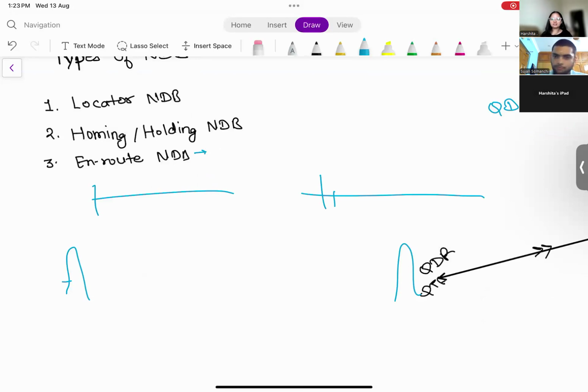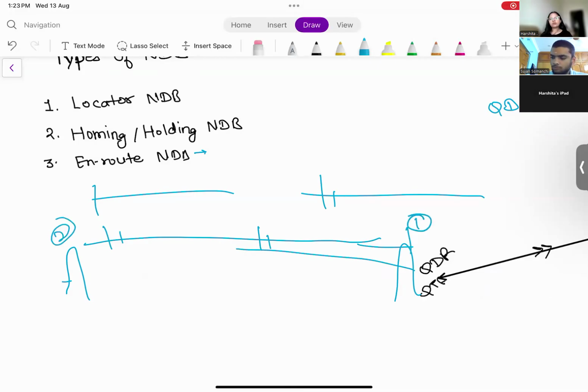Does it make sense? This is NDB number 1. This is NDB number 2. You are going from point A to B and you found these two NDBs in between your way. They are the en route NDBs, right?